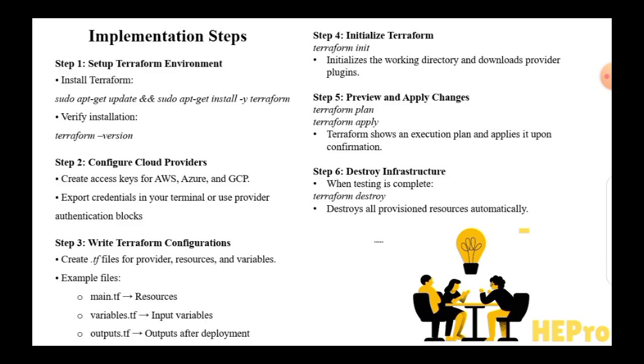After that, you will initialize Terraform with terraform init to download necessary provider plugins. You will then preview changes with terraform plan and apply them using terraform apply, ensuring that only intended resources are created. Finally, when testing or cleaning up, you will destroy the infrastructure automatically with terraform destroy. This workflow teaches end-to-end IaC deployment, resource management, and automated cleanup. Moving on.